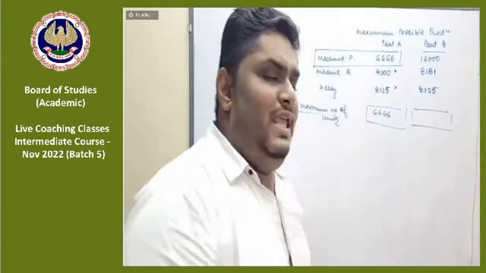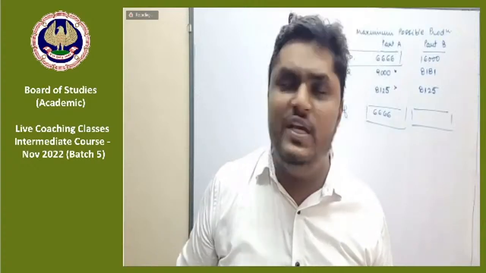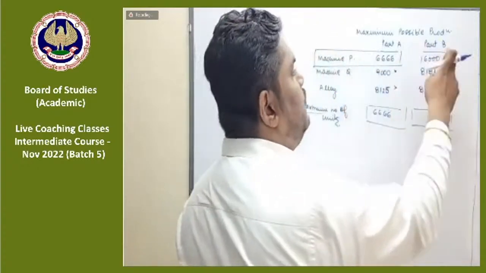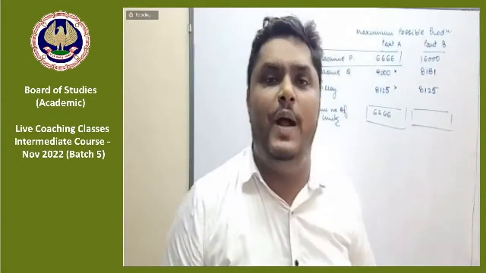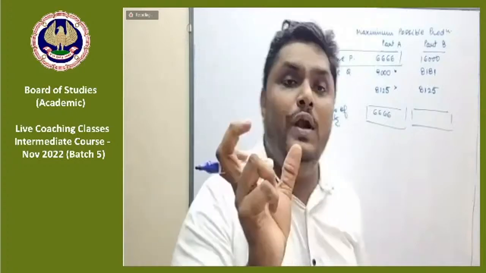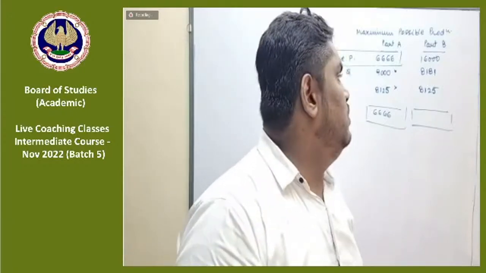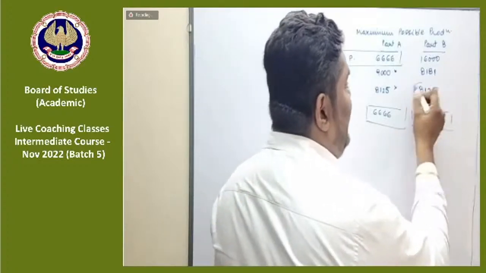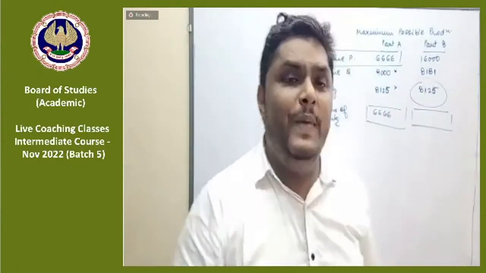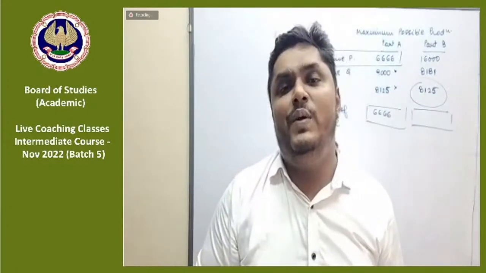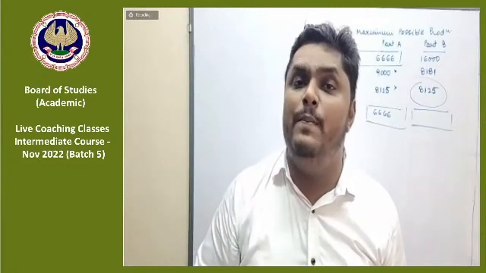So again, even though we have sufficient hours of machine P to manufacture 16,000 units of part B, only 8,181 units can be processed in machine Q. Further, very important, we have sufficient alloy to manufacture only 8,125 units. So what will be the maximum permissible production?